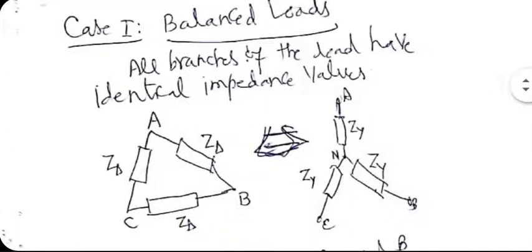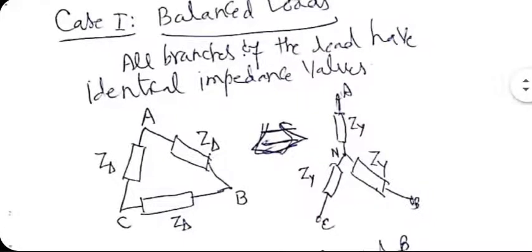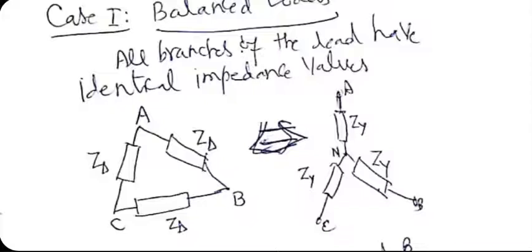a star load or Y load, which actually has a neutral terminal also, which is not there in the delta load anyway. The star load is also balanced in the sense that all the branches have identical impedance values, which are denoted by ZY.